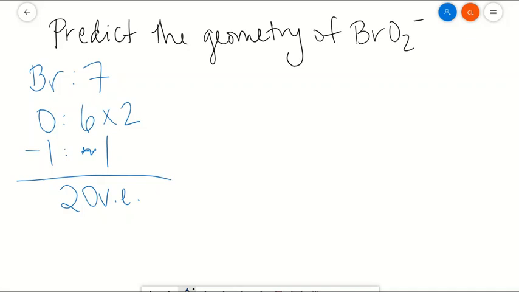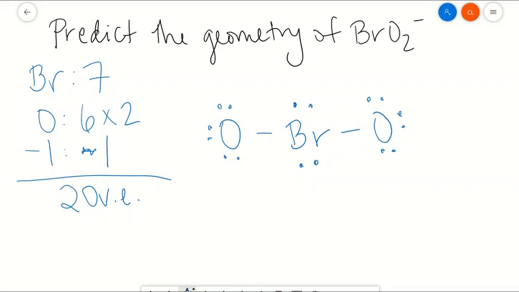So again, that bromine is going to go in the middle, and then you'll have oxygens on either side. Now we need to distribute our 20 valence electrons. So we already have 2, 4, 6, 8, 10, 12, 14, 16, 18, 20. So everyone's following the octet rule.